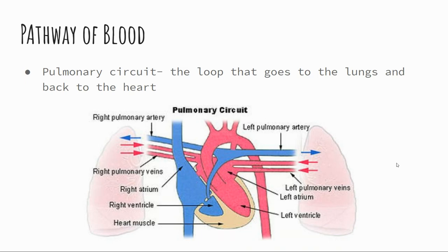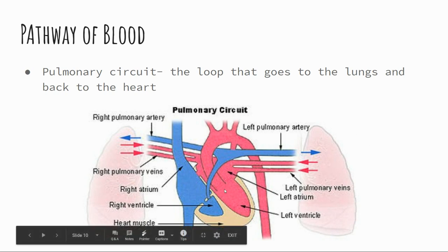All right, so the pathway of blood. Let me start over. Think back to some of the animals, especially mammals and humans. We talked about the double loop system. The first part of the double loop system is going to be the pulmonary circuit, and this is the loop that goes to the lungs and back to the heart. So it goes heart, lungs, heart.